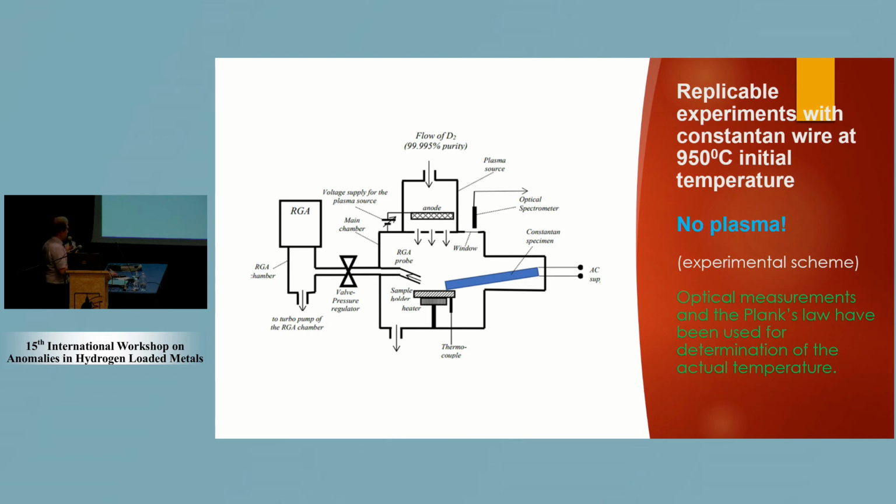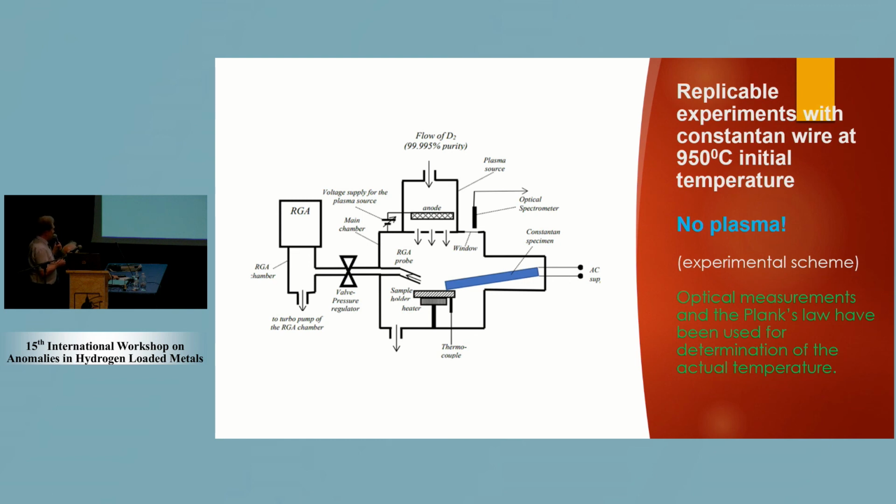The specimen contains constantan wire coiled on an alumina rod, heated by simple AC supply coming from an auto transformer variac.